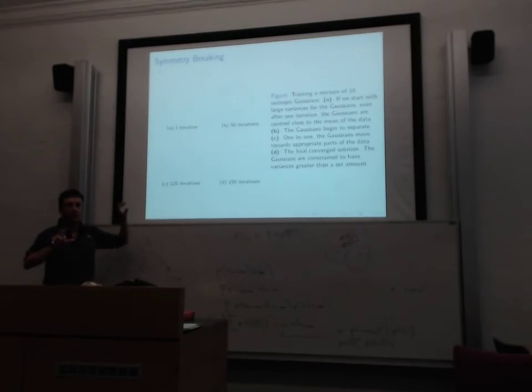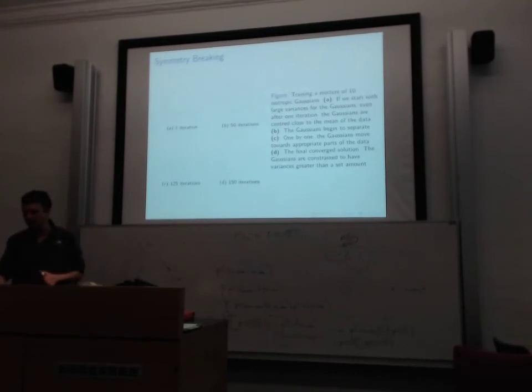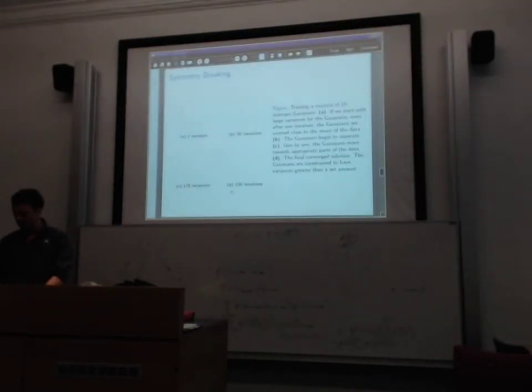Okay, so we saw this as well. When you go through the iterations of the maximum likelihood EM step, there's jostling behavior as the parameters try to break the symmetry of the parameterization. We saw this last time, didn't we?